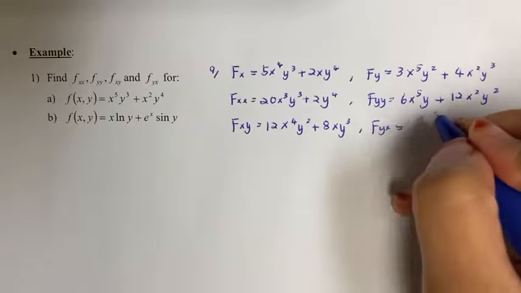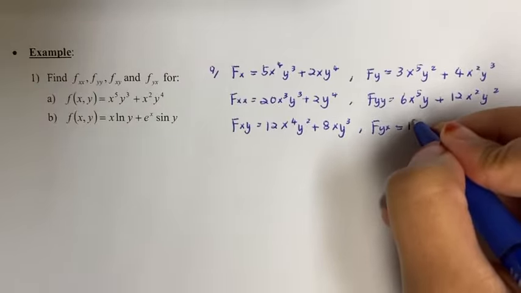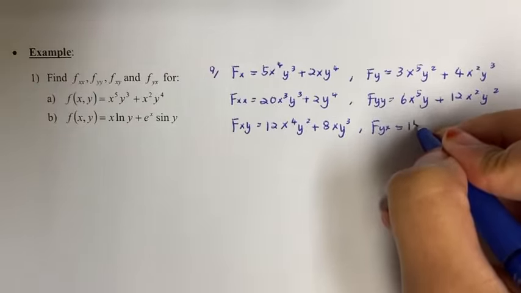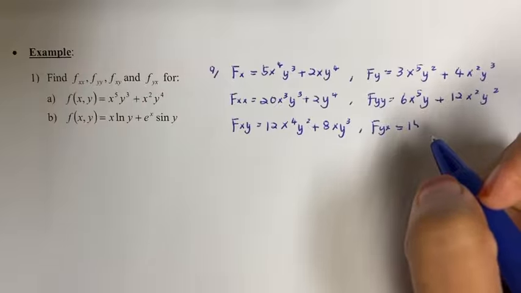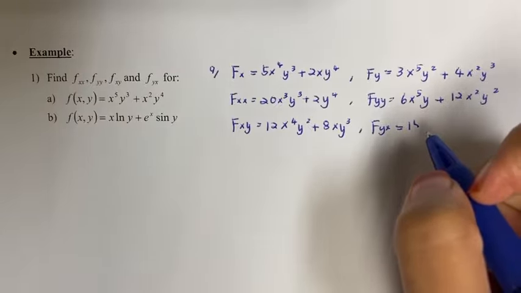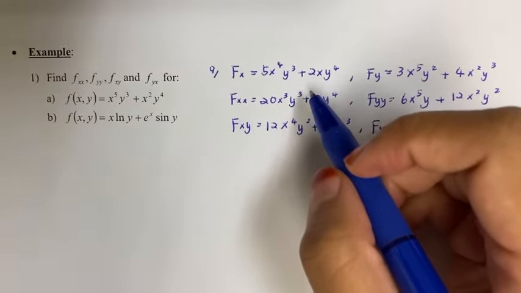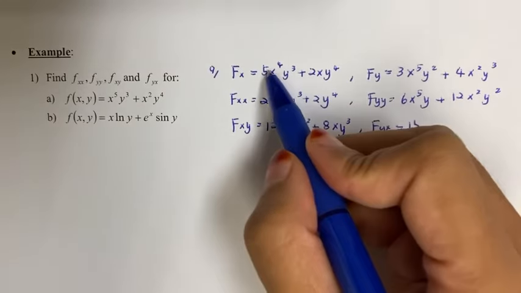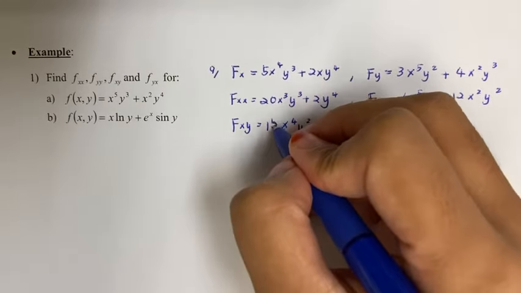Okay, so this becomes, sorry, this one, 5 multiplied by 3 is 15.